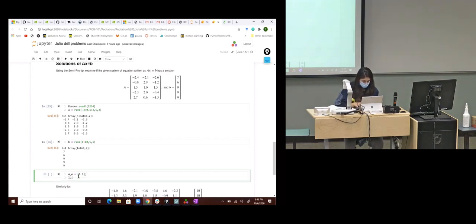I get the LU factorization of A transpose A, and I also get the LU factorization for the appended matrix, AE transpose times AE.